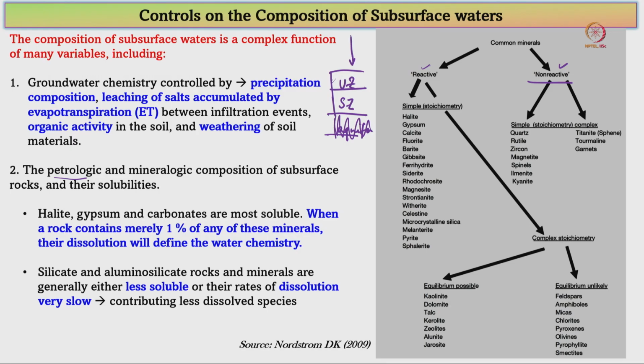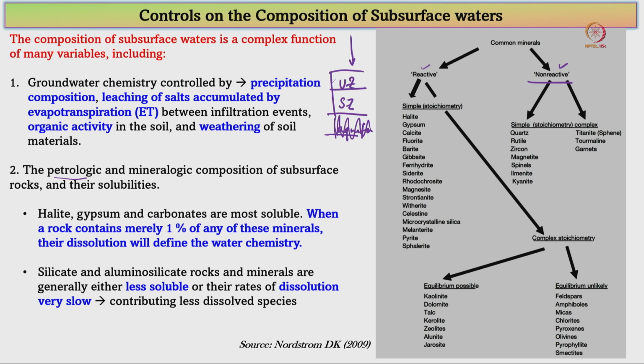For instance, under the equilibrium category we have kaolinite, dolomite, talc, kerolite, zeolites, alunite and jarosite. Why are they complex, why are they not very straightforward? There can be many parameters. These minerals have very high solubilities.